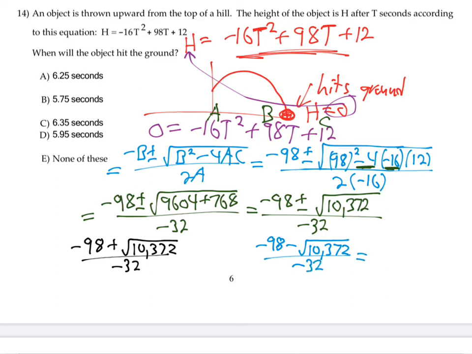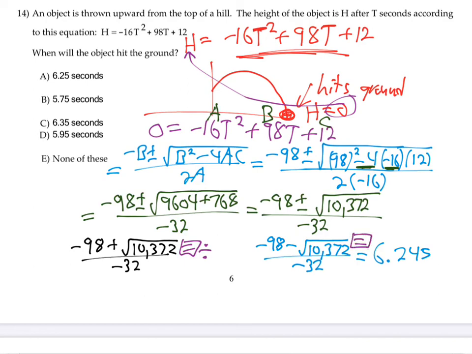So crank those out. Now make sure on your calculator, 6.245. Make sure you remember to hit equals when you're done with the numerator before you hit divide by the negative 32. And make sure you know how to do negative on the 32.